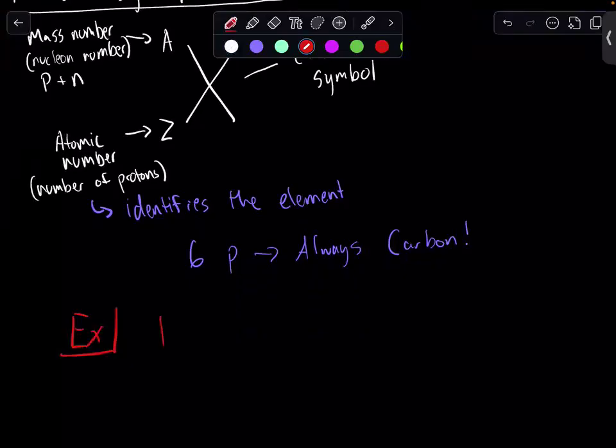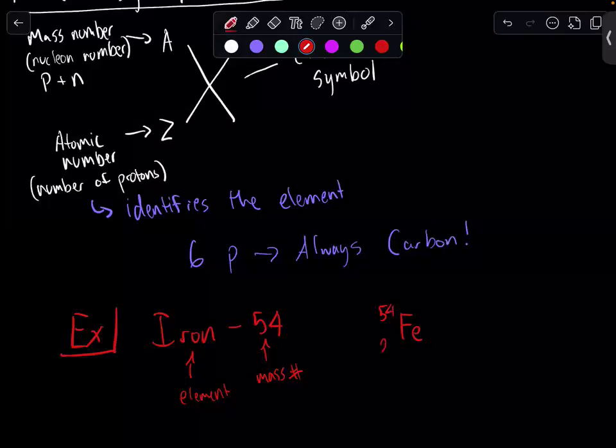If we look at iron 54, this is another way of writing it. This is our element, and this is our mass number. The way we could write iron 54 with atomic symbol notation is Fe, which is the atomic symbol for iron. It's our element symbol. 54 for the mass number, and iron has 26 protons as found in the periodic table.